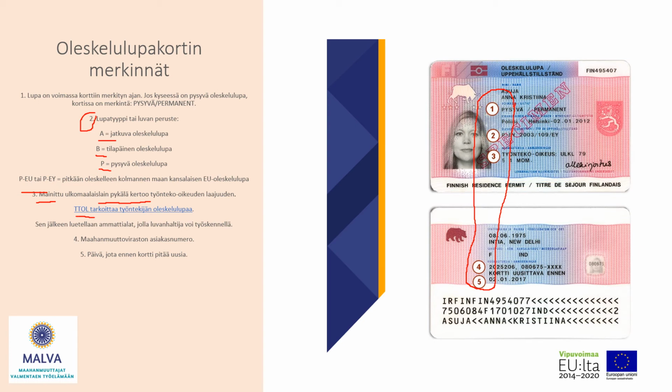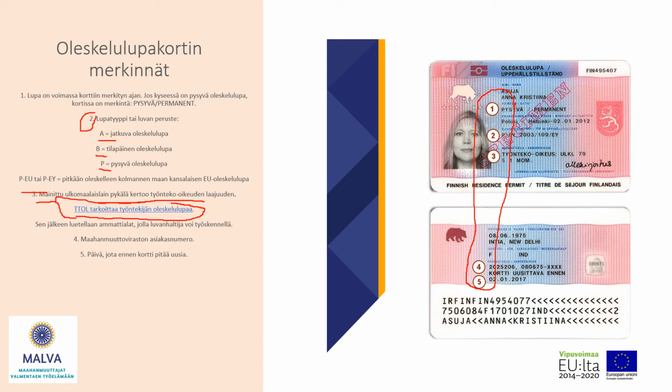This TTOL is actually defining the areas where you can work. For example, the resident is allowed to work in the IT sector, or the cleaning industry, or restaurant work, or nursing. So this is the portion which actually indicates the industries where you can work.